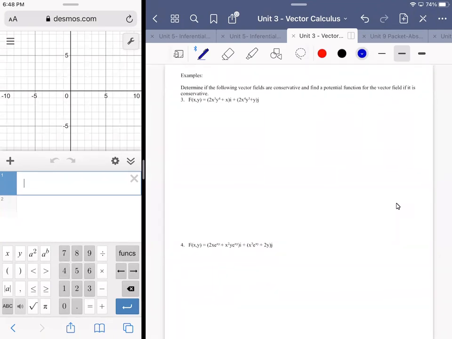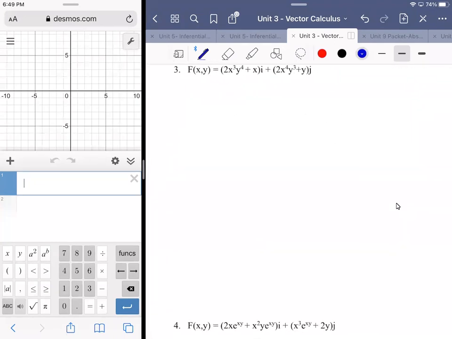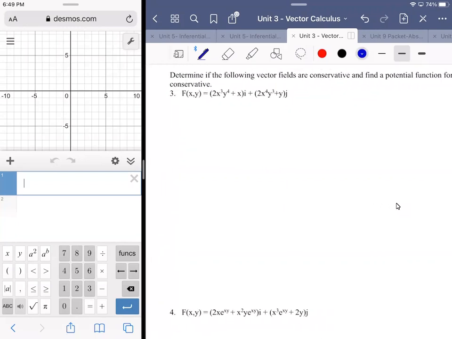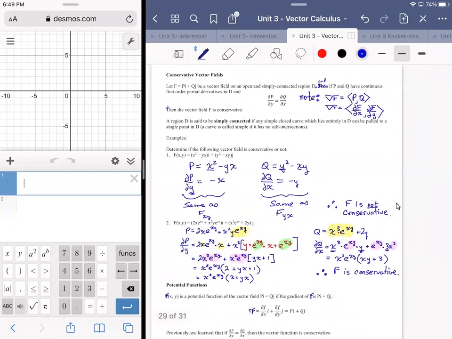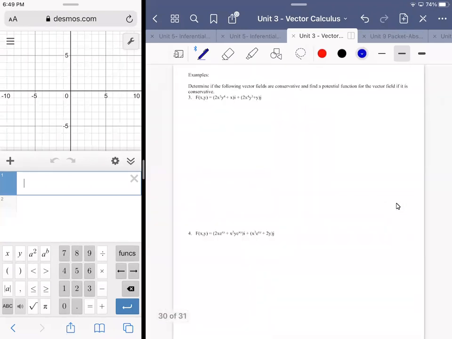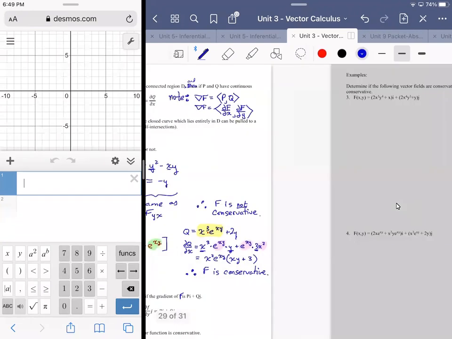So determine if the following vector fields are conservative and find a potential function for the vector field if it is conservative. All right, so we'll start off with the conservative part. Now, we've already kind of tackled some of this in terms of the process, because if you look at example 2 on the previous page, that's the same one, so we can bypass that step.